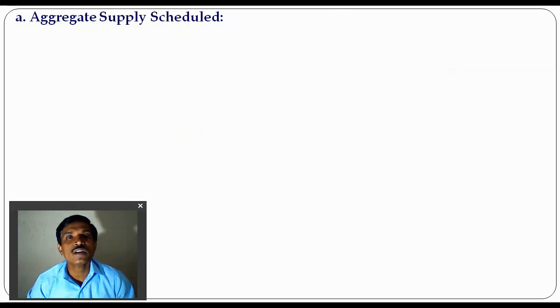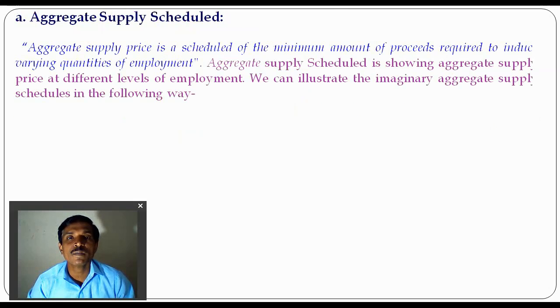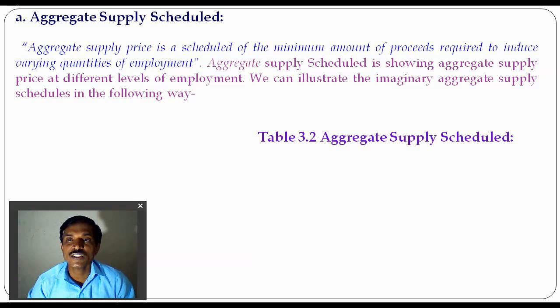The aggregate supply schedule is the schedule of the minimum amount of proceeds required to induce varying quantities of employment. So the aggregate supply schedule shows the aggregate supply price at different levels of employment. We can illustrate here an imaginary aggregate supply schedule.